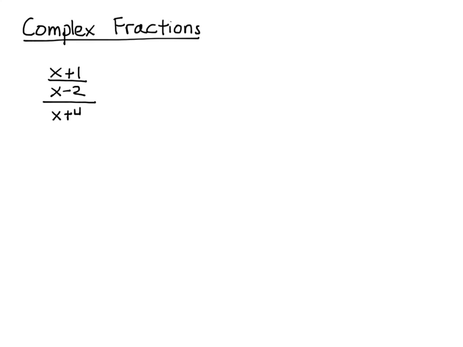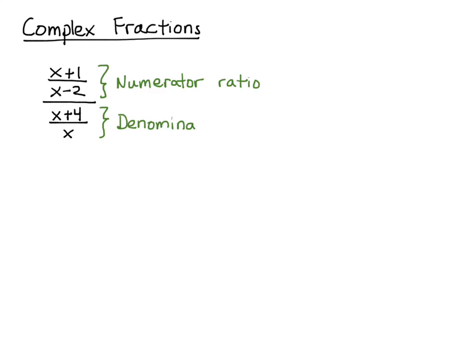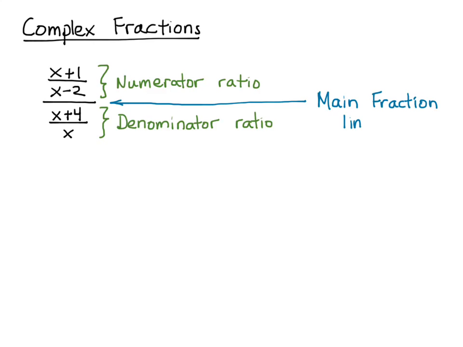Okay, so now what I want to talk about are complex fractions. What I mean by a complex fraction is when you have a fraction in the numerator, a fraction in the denominator, and then you have this kind of main fraction in between. We'll deal with these much in the same way that we were doing division between two rational expressions.